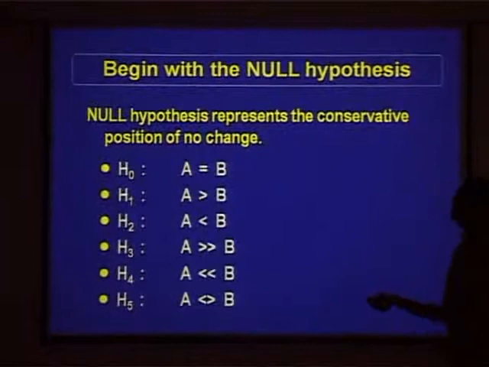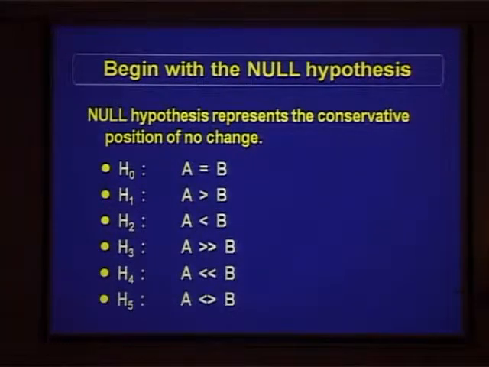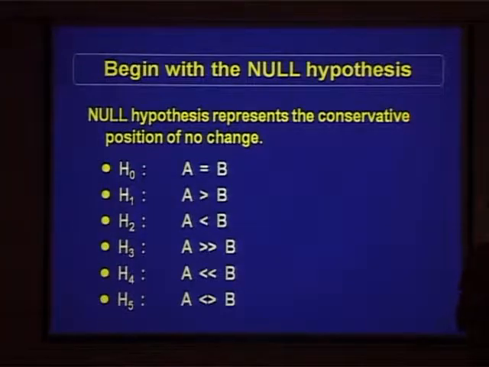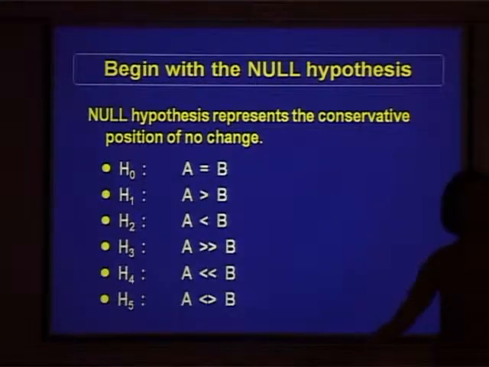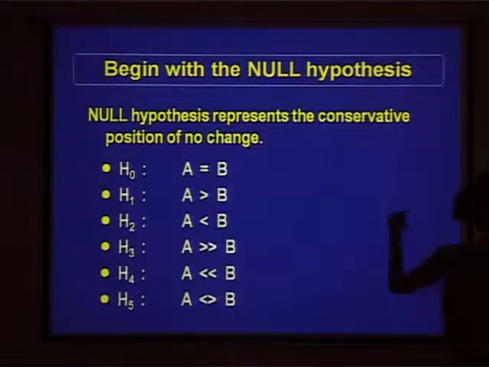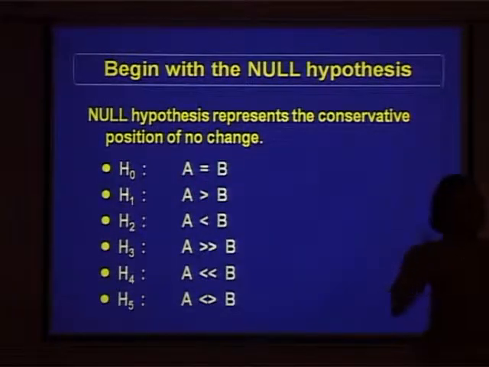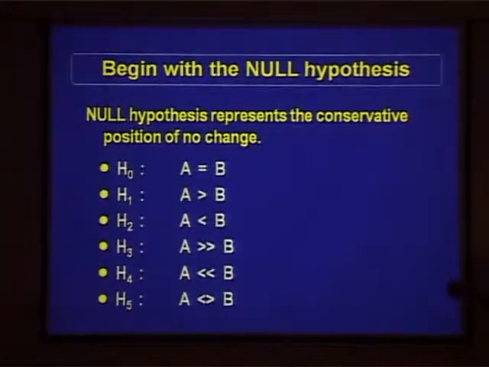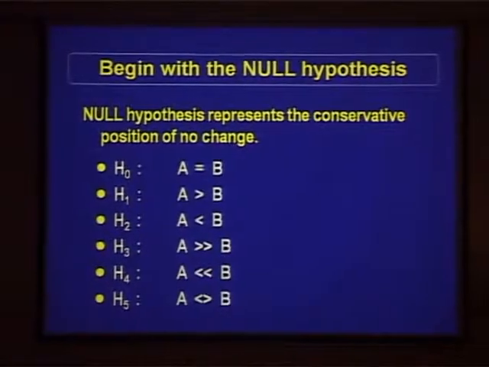So your null hypothesis, and I'm talking here about randomized controlled trials, when you're looking at A versus B, it could be a drug, it could be a device, it could be a vaccine, it could be a surgical procedure. You start by saying that there is no difference between A and B. You say that the person is innocent until proven guilty. And this is your H0, no difference. And the rest of it becomes your alternate hypothesis, that there is a difference.